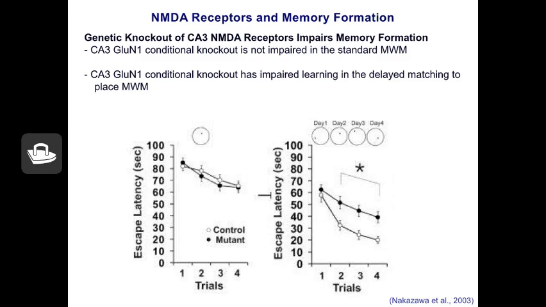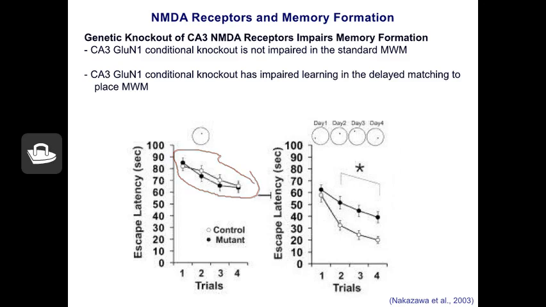Now, Nakazawa and colleagues didn't investigate the impacts of this manipulation on LTP, but they did test in the Morris water maze. And they found that the CA3 GLUN1 knockout mice did just fine in the standard spatial version of the test, where the location of the platform was held constant across learning trials.